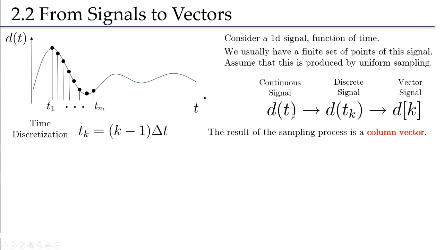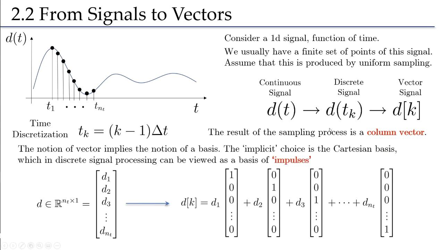If d of t is the notation for a continuous signal, d of tk refers to a discrete signal sampled along the discretization tk, while dk with square brackets refers to an index notation that ignores the link with the original domain. So in this case, our signal is a column vector.